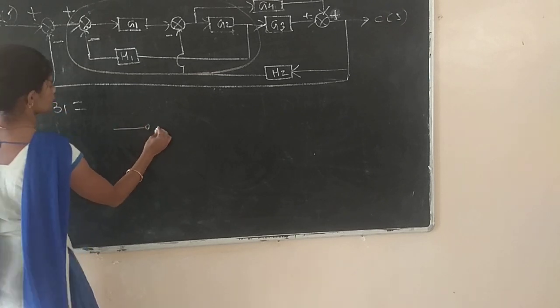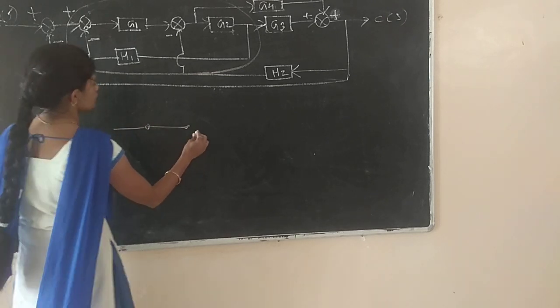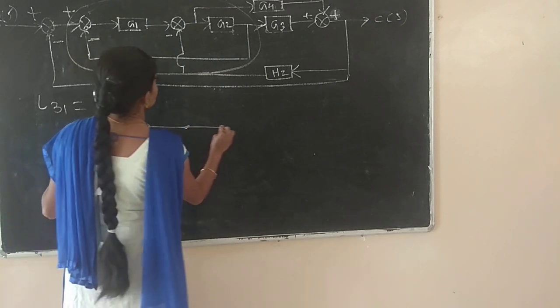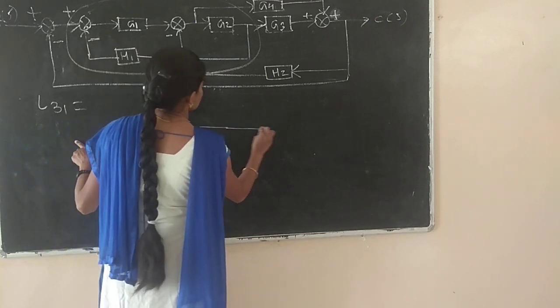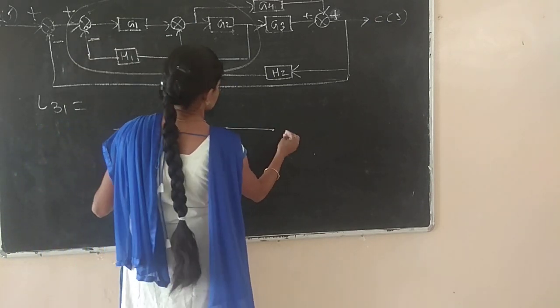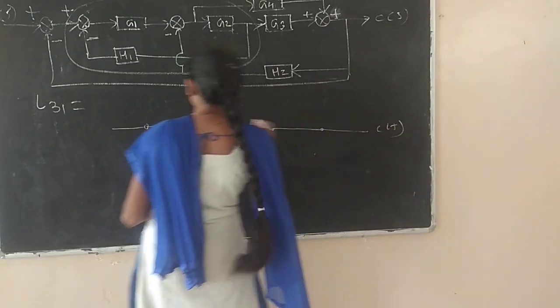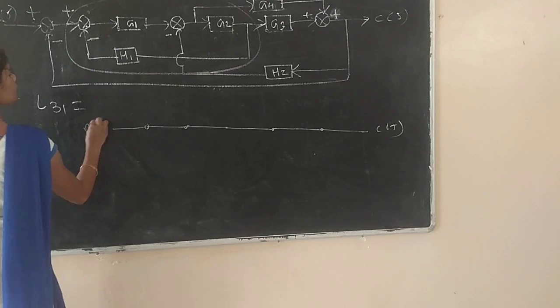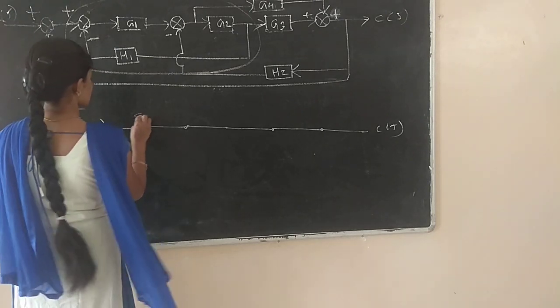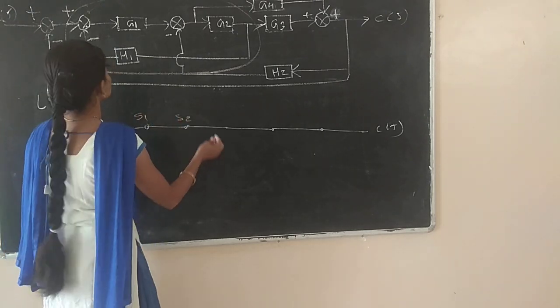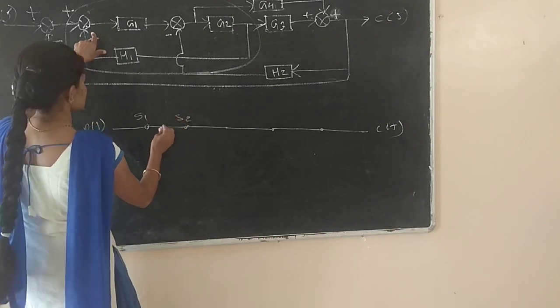Here it is a first summing point, then second summing point, then takeoff point, then takeoff point, and then summing point. And then here C of S, and here it is R of S. This is S1, S2.